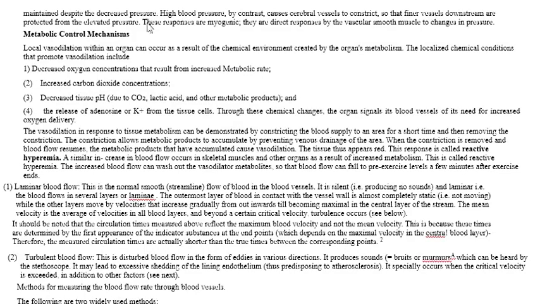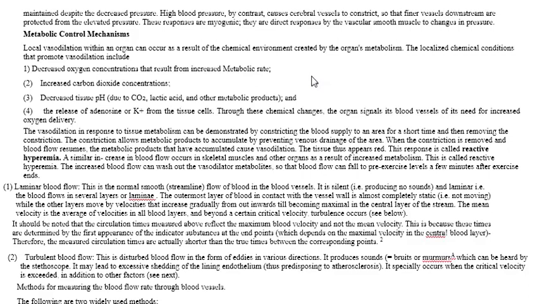We are talking about the mechanism of metabolic control. We already said local vasodilatation. When there is a decrease in oxygen, there will be vasodilatation. So decreased oxygen, increased metabolic rate of the tissue.